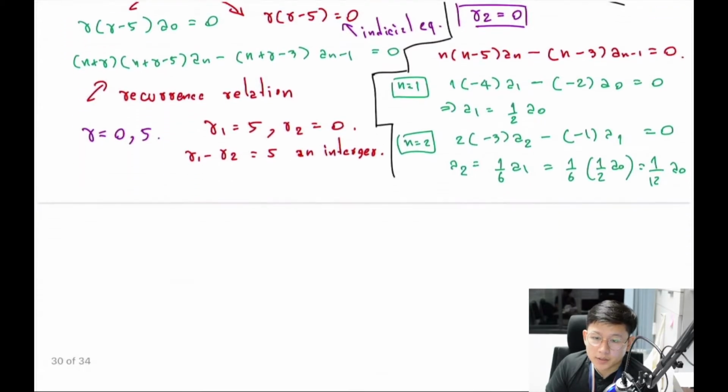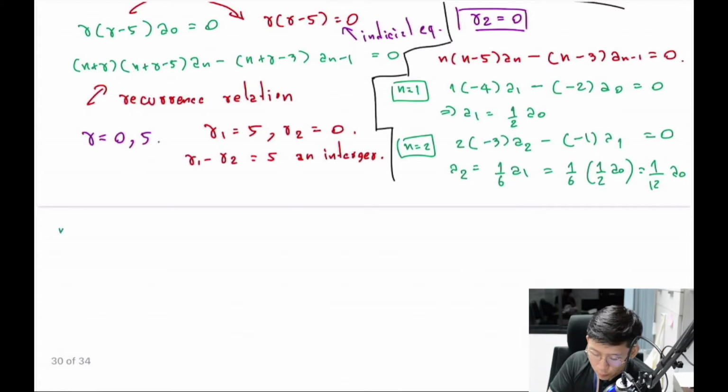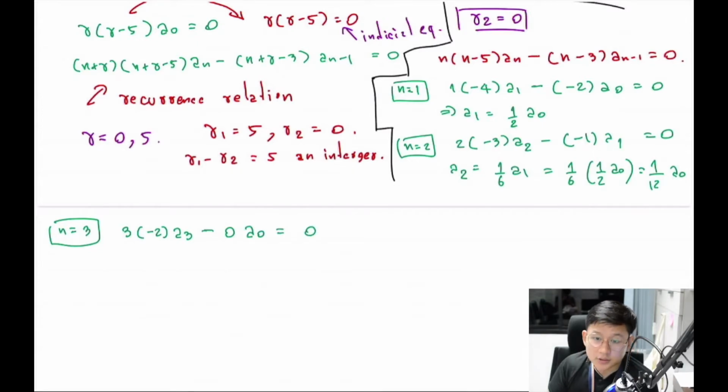Okay, next we'll look at the case when n is 3. If n is 3, what we have would be 3 times 3 minus 5, that would be minus 2, a3 minus 0 a0 equals 0.